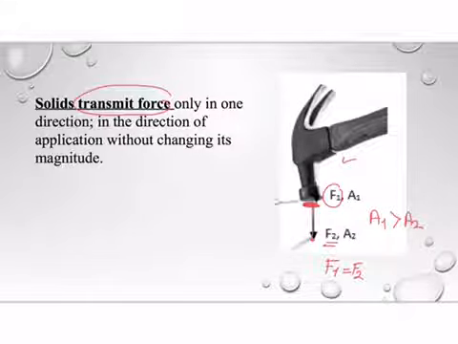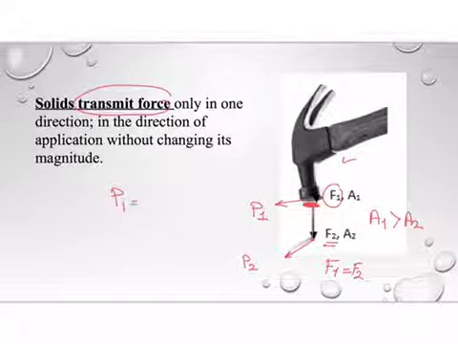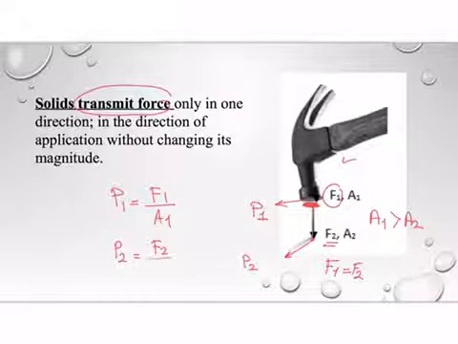So the pressure created at the head of the nail is P1 and at the tip of the nail is P2. P1 is equal to F1 over A1 and P2 is equal to F2 over A2.